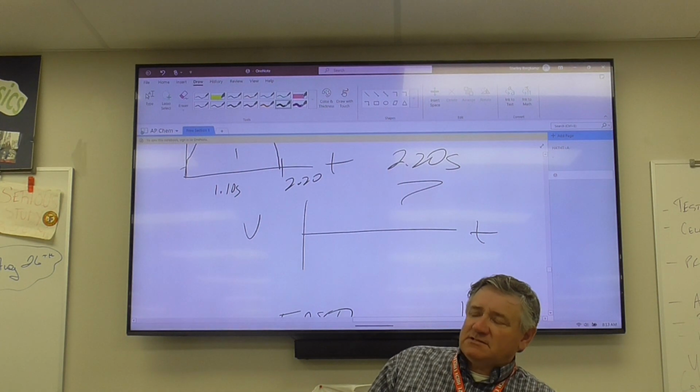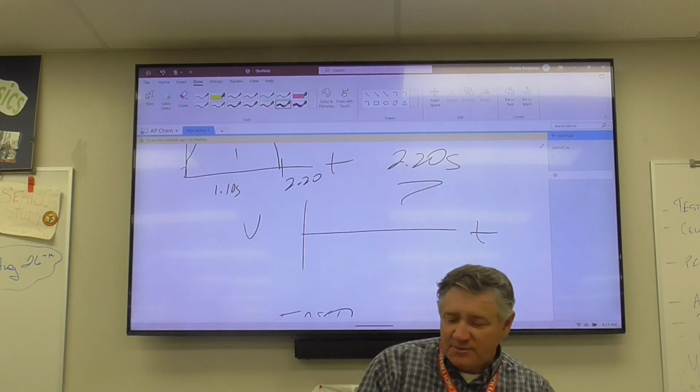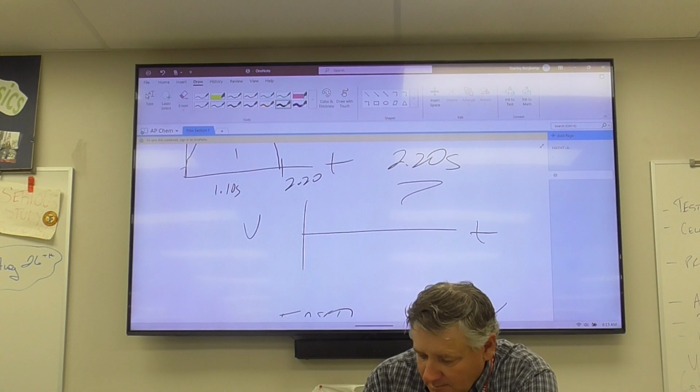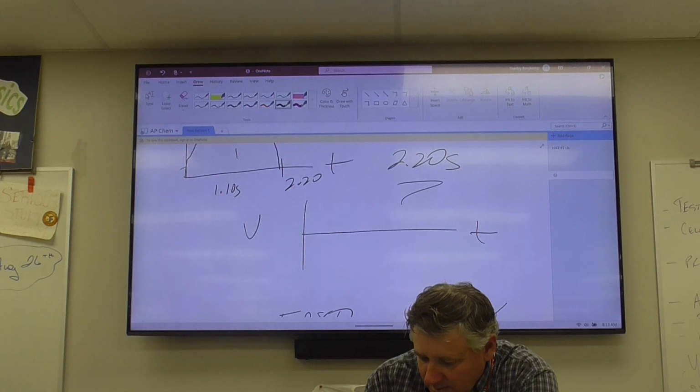So what's your velocity time graph going to look like? I'll give you three options, or none if I can't draw.